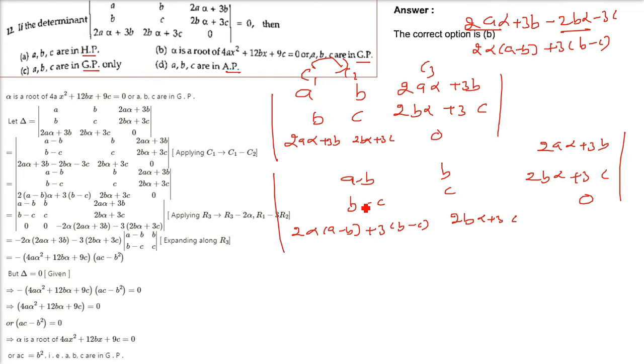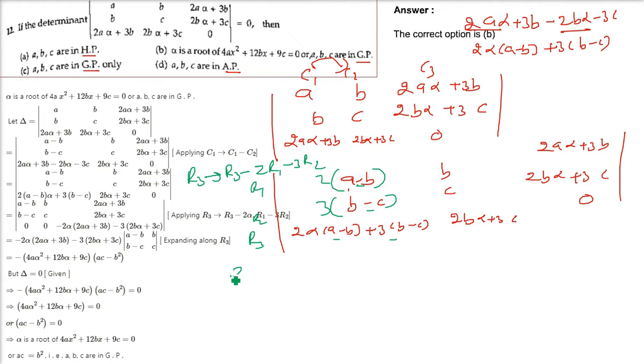Now if you multiply the first row with 2 alpha, and multiply the second row with 3, and subtract it from the third row, then you will get a 0 here, right? So we are changing row 3 to row 3 minus 2 alpha R1 minus 3 R2.